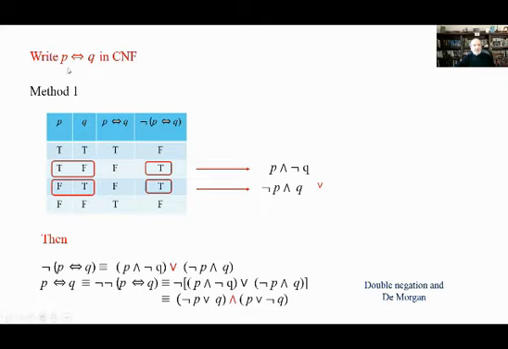So look what happened now. We are going to write P biconditional Q in CNF. Okay? So first method is put P biconditional Q, and take the negation of this, not P biconditional Q. So you have true, true, true, false. Okay, we have that, we know. Now you are negating this, you get this here.